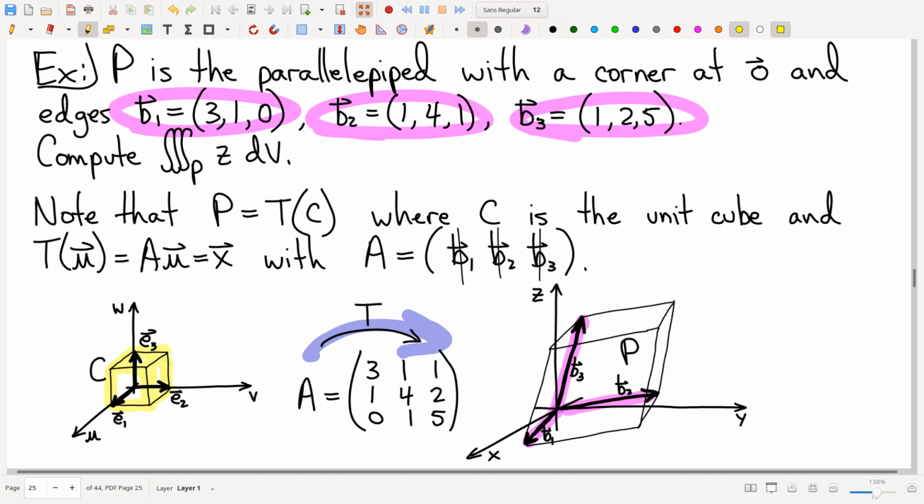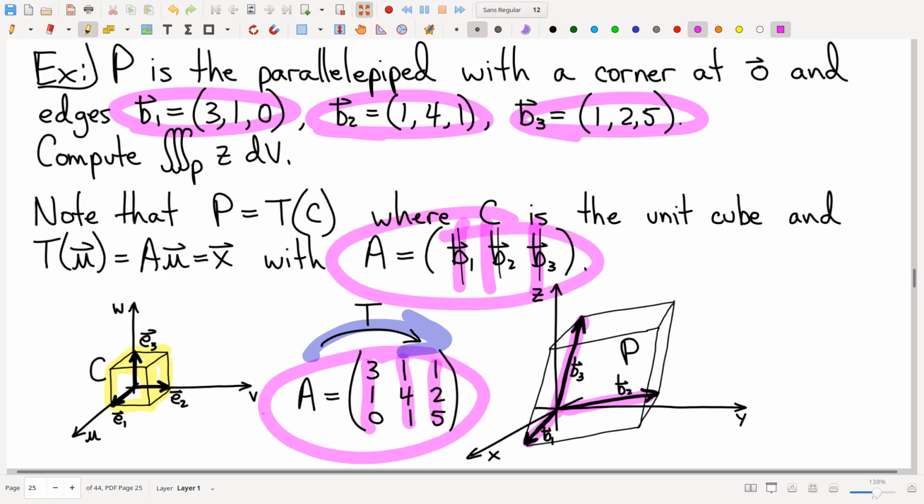If you know these edge vectors, you want to view your parallelepiped as being an image of the unit cube, all you got to do is take those edge vectors, make those the columns of your matrix, like I did here. That's it. Wonderfully simple, wonderfully convenient.